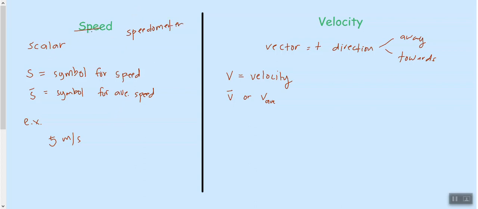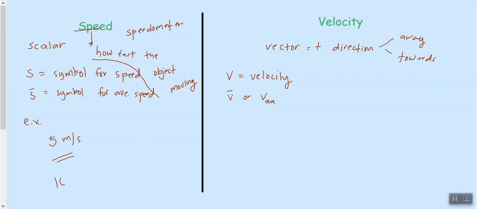So the definition of speed is how fast the object is moving.